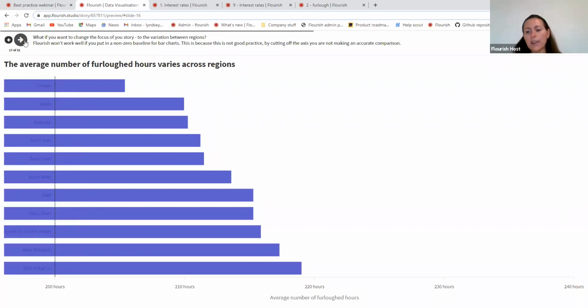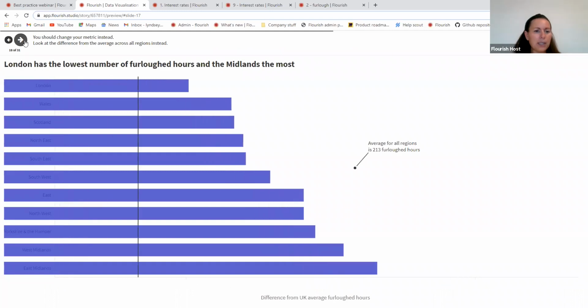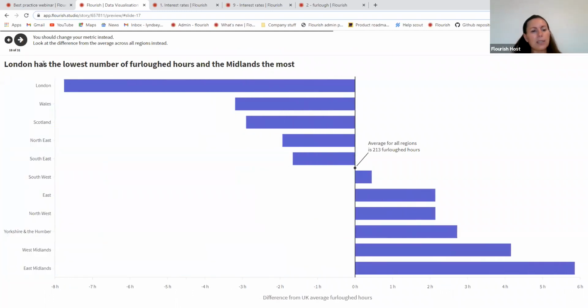So another way to think about doing this is to think about using a different metric. So here we're using the difference from the UK average to show this, and again we're using annotation and labeling to highlight what this 0 means.